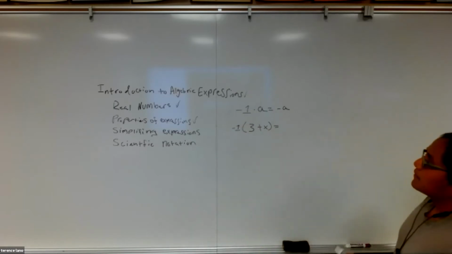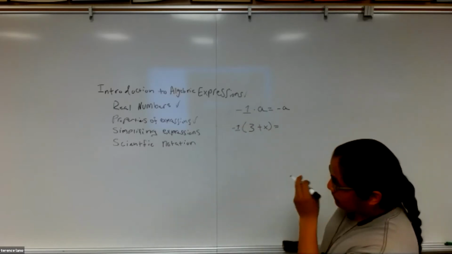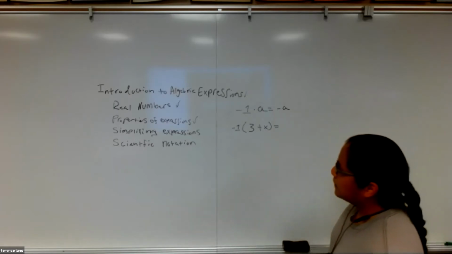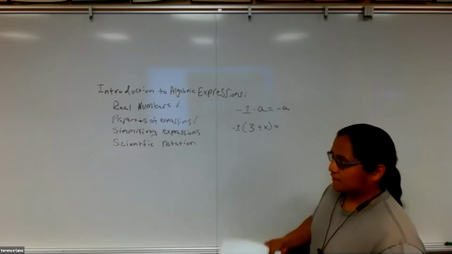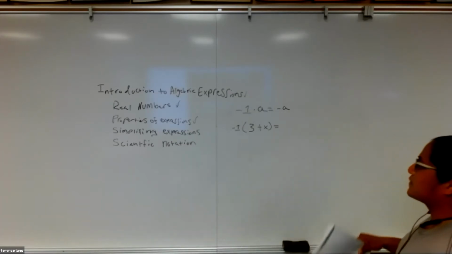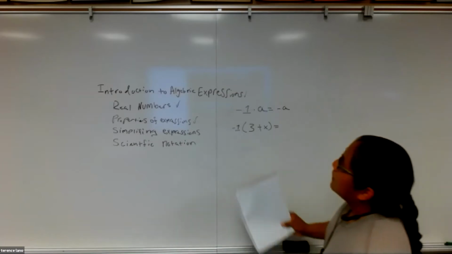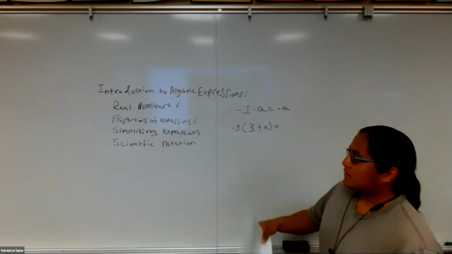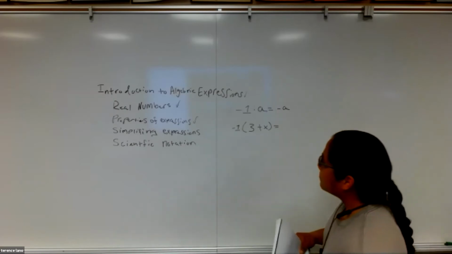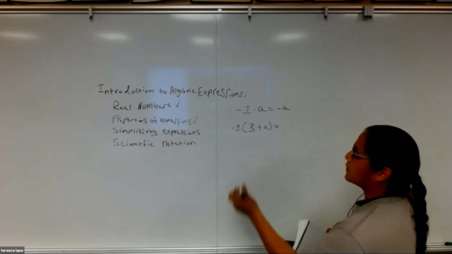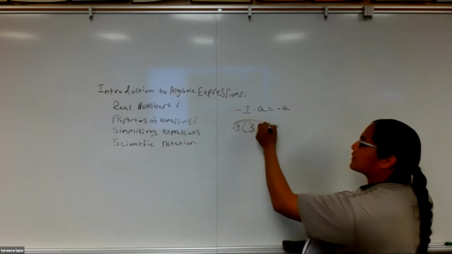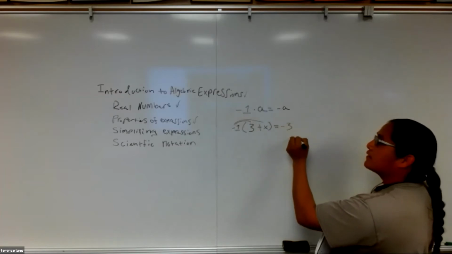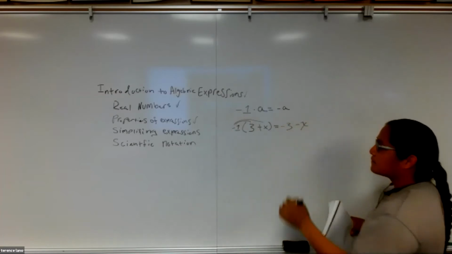This is where you got to be familiar with the laws of multiplication: positive times positive equals positive, negative times negative equals positive, negative times positive equals a negative, and a positive times a negative equals a negative. Opposites. So we're going to distribute that -1. So we're going to have -3 minus x.